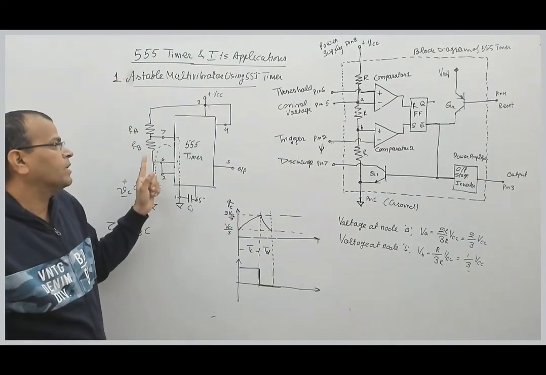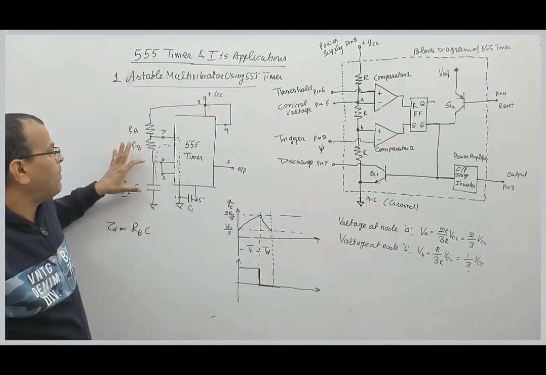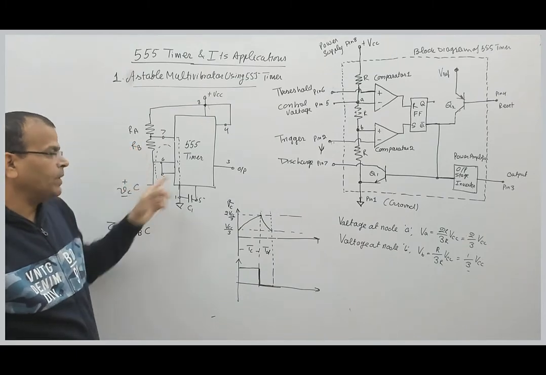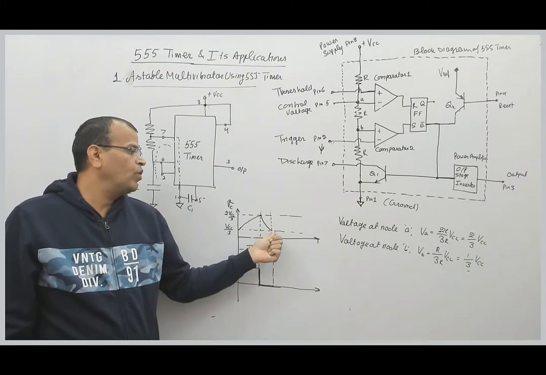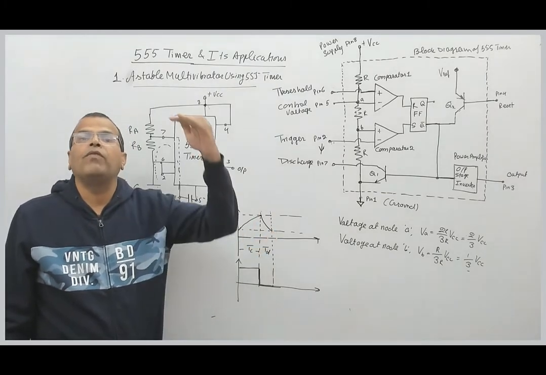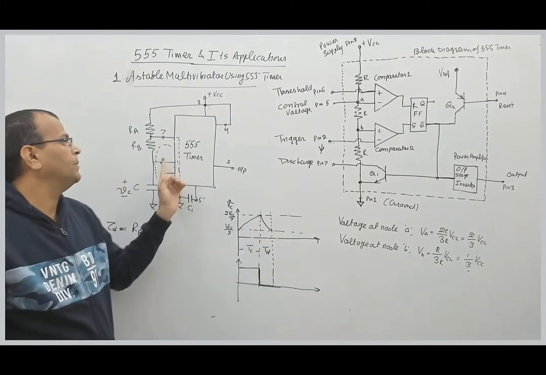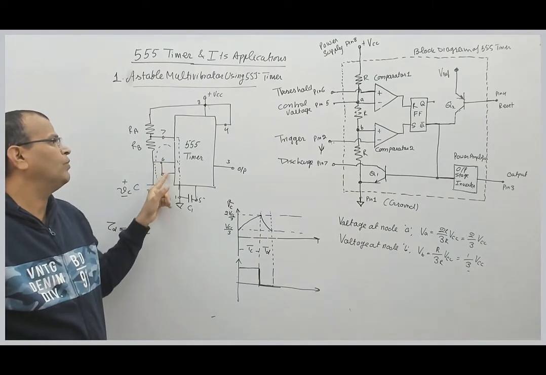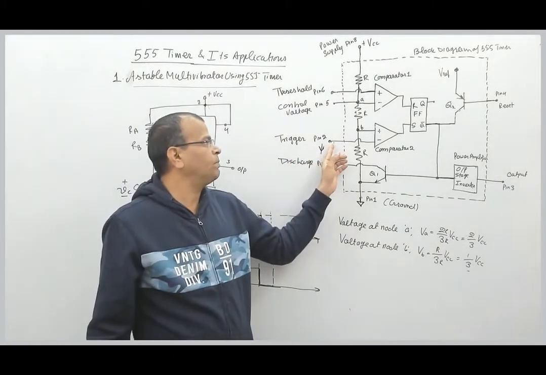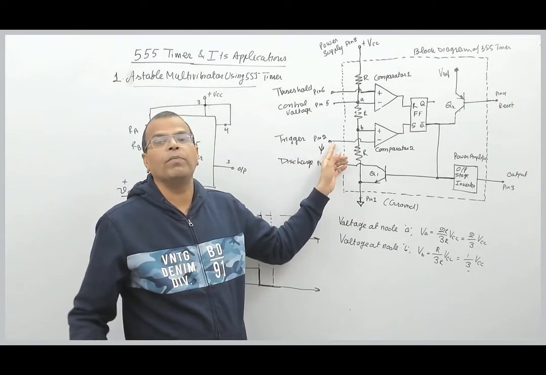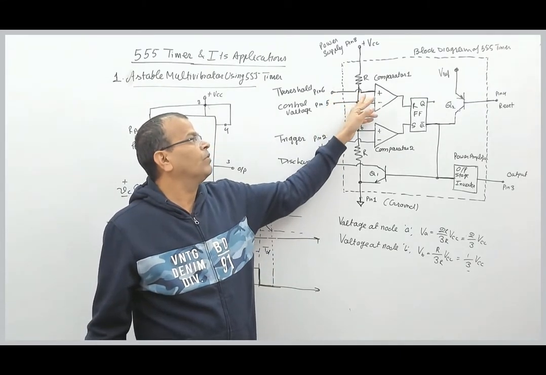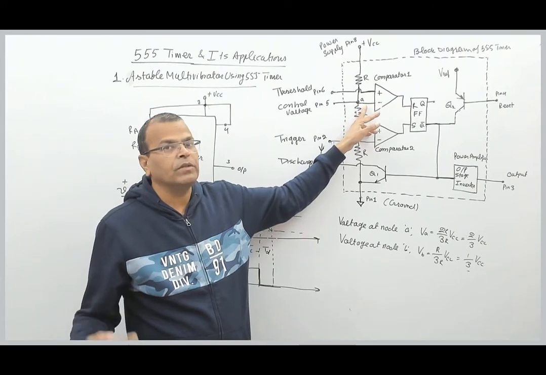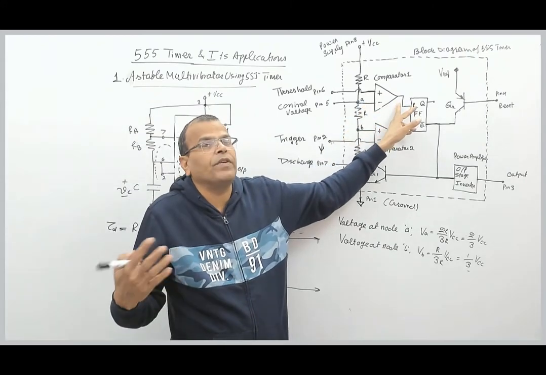The moment voltage across capacitor, now the capacitor is discharging, falls below 2 VCC by 3, voltage at pin 2 is trying to fall below, so this voltage is less than 2 VCC by 3, so output of this comparator is definitely low.